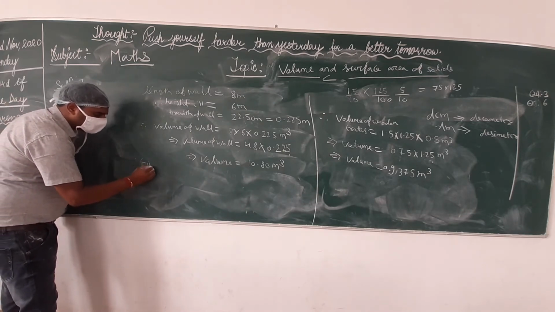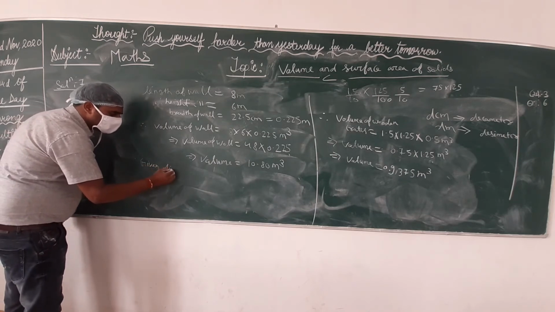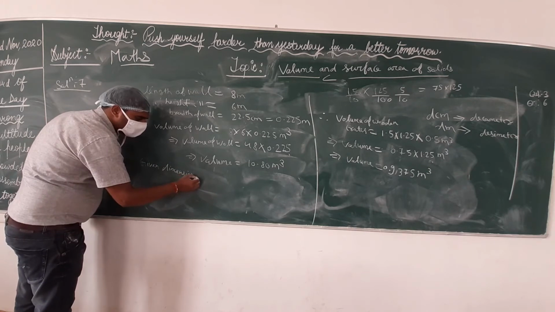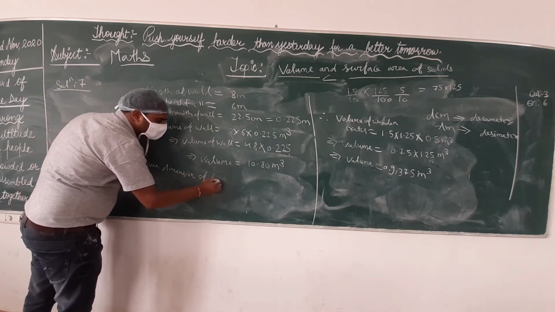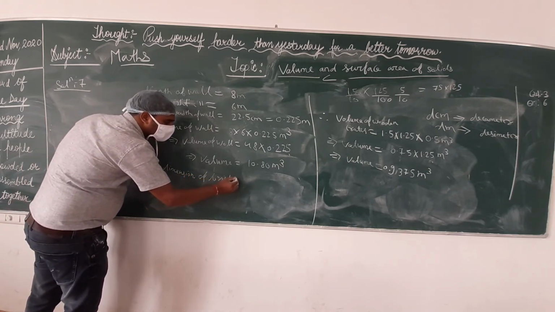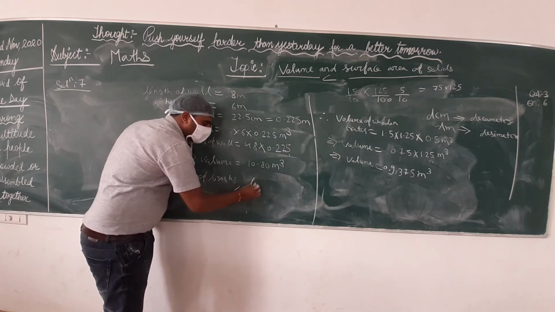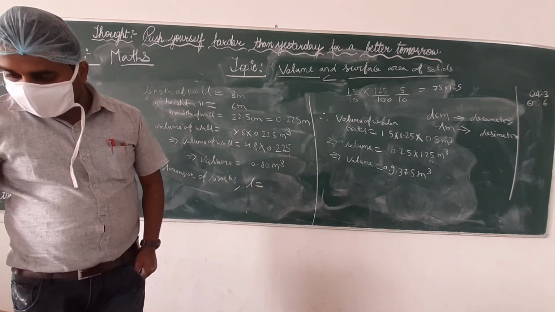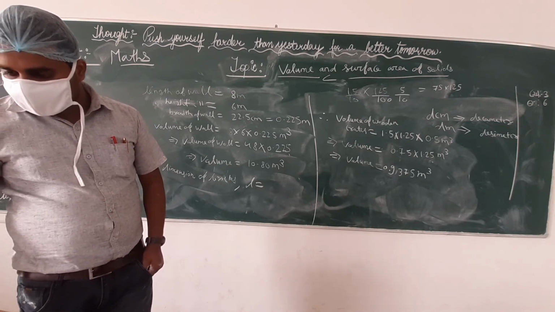Listen, the given dimensions of a brick: length equals what is given? 25 centimeter.